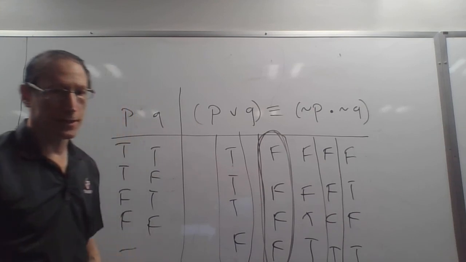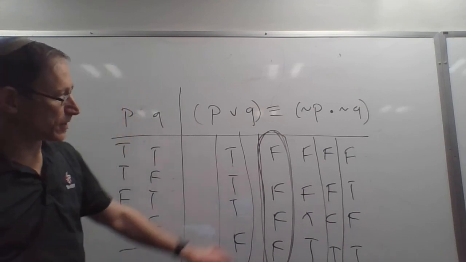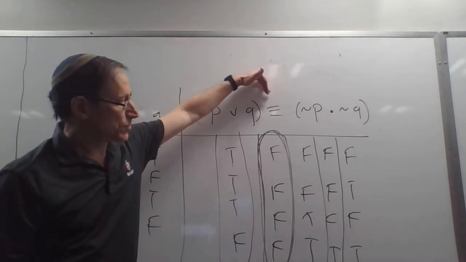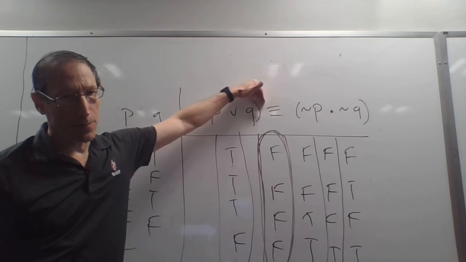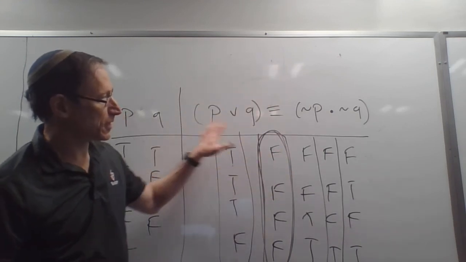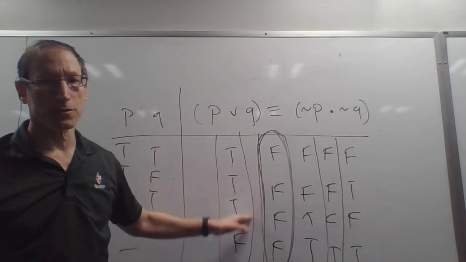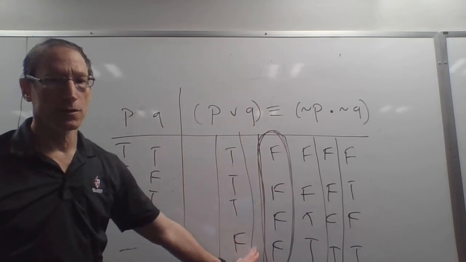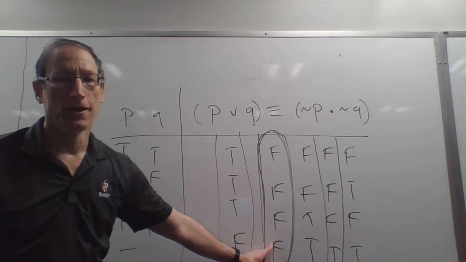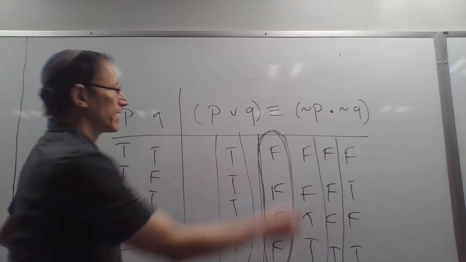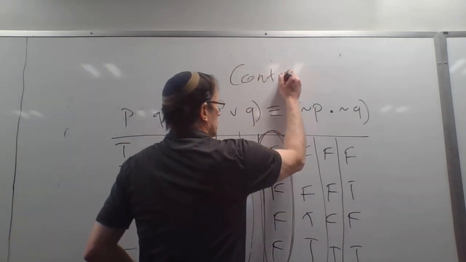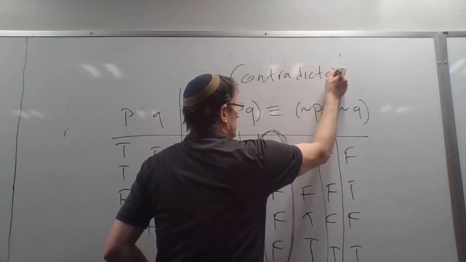Sometimes it's good to indicate that that is the final answer by showing that this is the major operator. This is the result for the entire formula on each row. It always comes out false, false, false, and false. And so this is a contradiction or a contradictory statement.